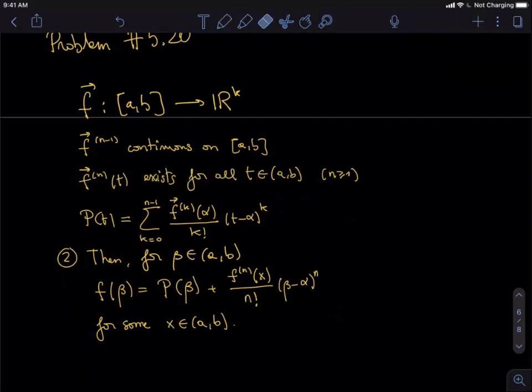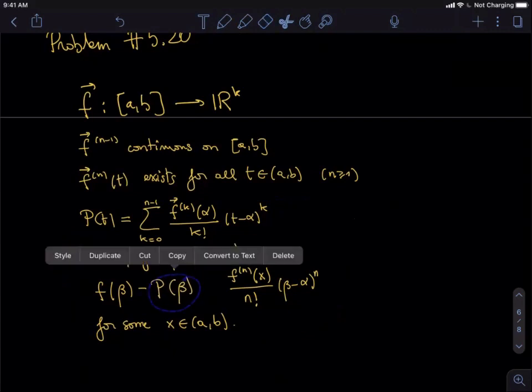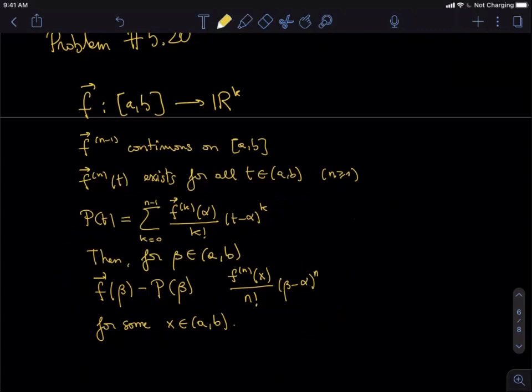And then for some beta in (a, b), we are going to have that the difference between f and p, where p is now a vector too, in modulus is less than or equal to the absolute value of the nth derivative of f at some given point x, divided by n factorial, times (b minus alpha) to the power n.